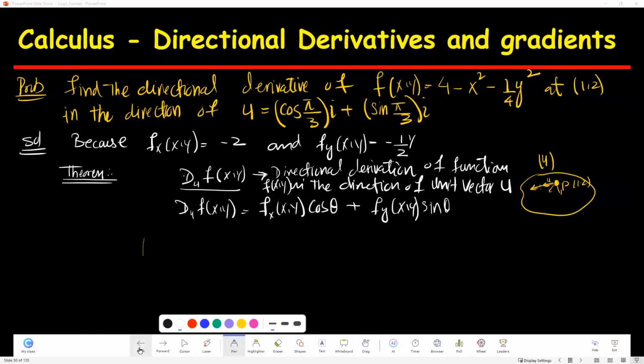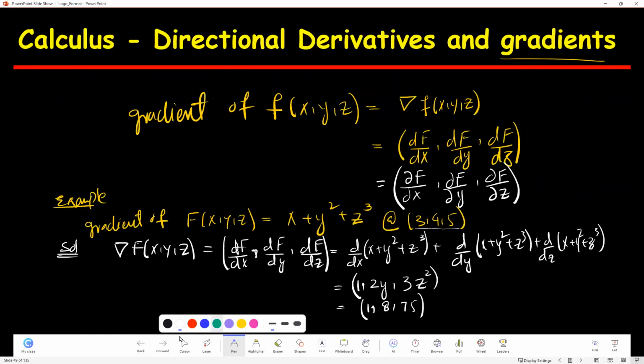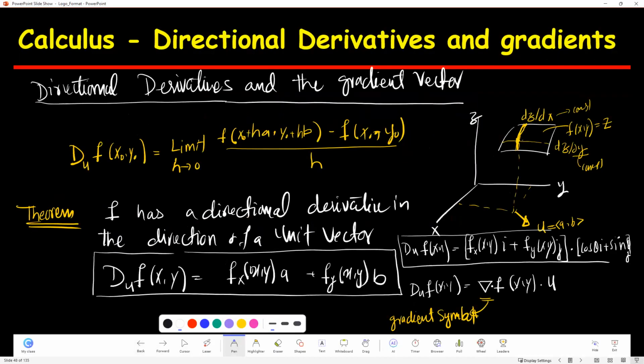Okay, if I go back, what I did is apply this, right? And I take the dot product. So I take this guy, multiply by this guy, and i dot i means they both have cos 0, and cos 0 means 1.